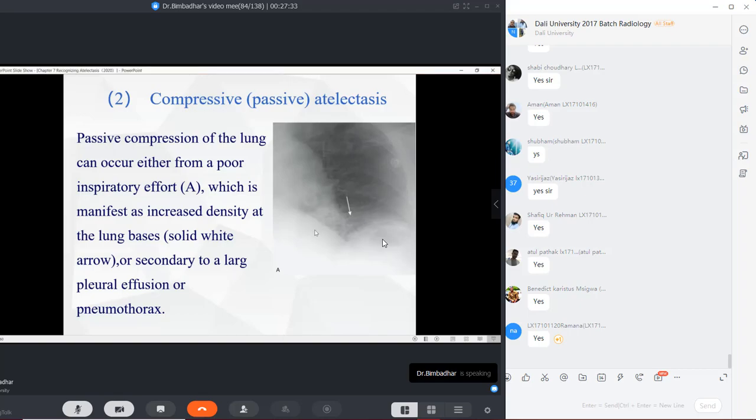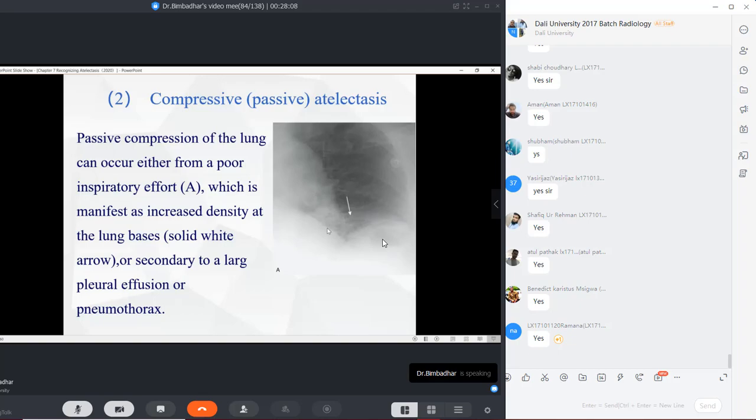So that is how I came to find out why I am checking the quality, because I'm trying to think about a disease and trying to differentiate between a poor inspiratory effort, a compressive atelectasis, or something happening because of some other problem inside the lung. What can actually happen is a secondary large pneumothorax or a pleural effusion.